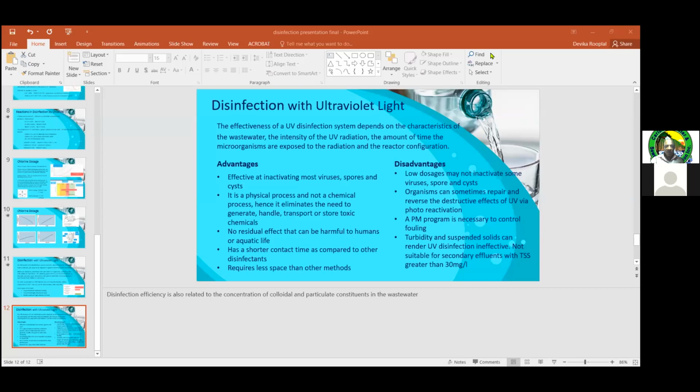And the other question was, what is the impact of high turbidity? So that is what I kind of explained: if your turbidity is high, it depends on what is causing that high turbidity. If it's organic and that is going to react with your chlorine, then you will have a higher chlorine consumption.